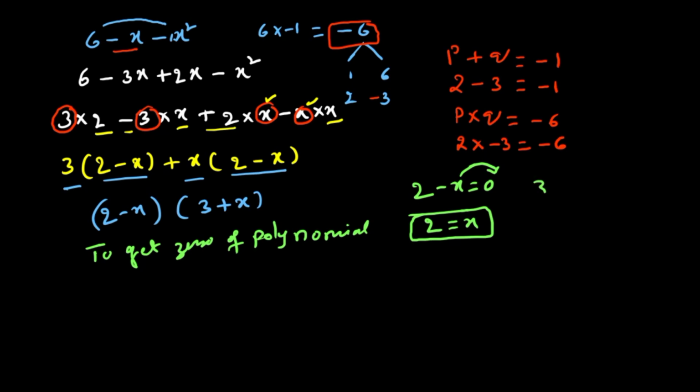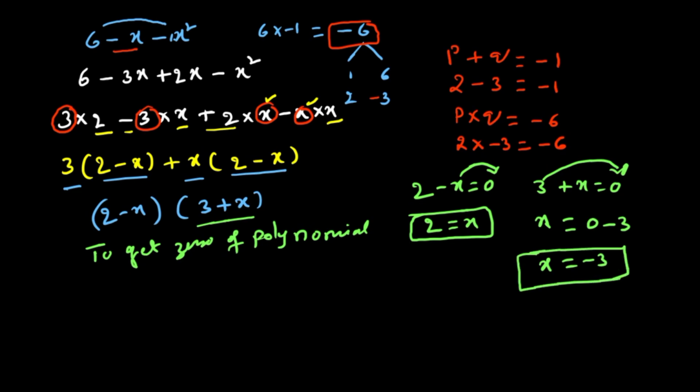Similarly, 3 + x = 0, sending +3 to the other side, x = 0 - 3, that means x = -3, right? So the answers are -3 and +2. So -3 and +2 are the zeros of the polynomial.